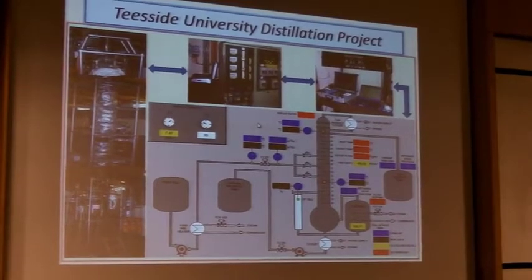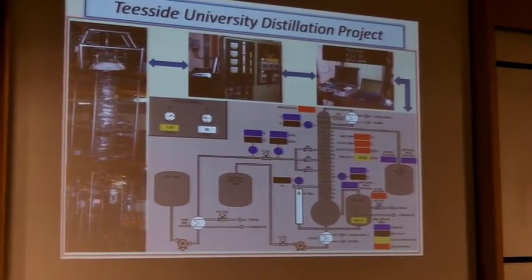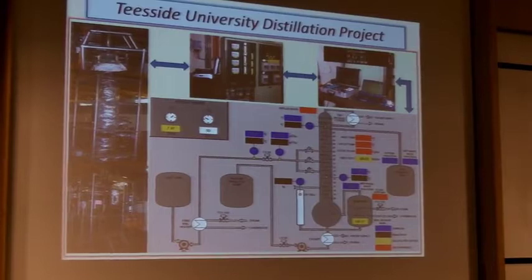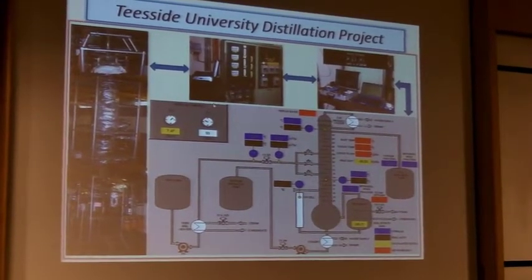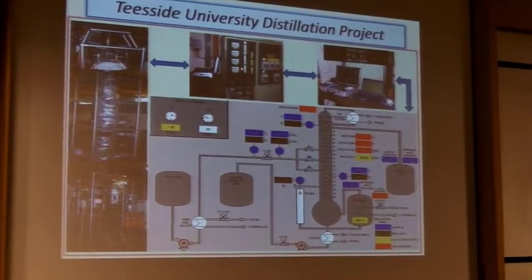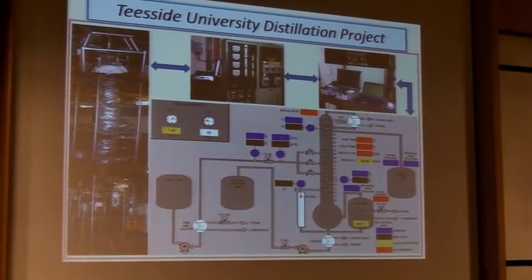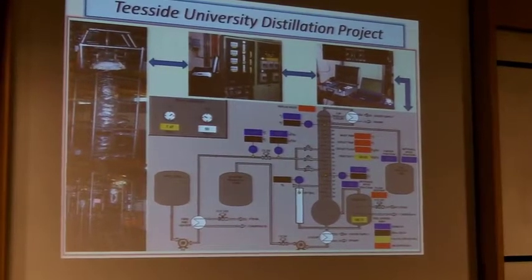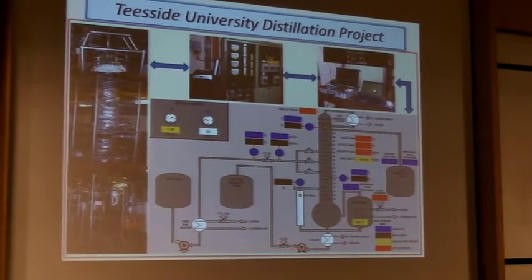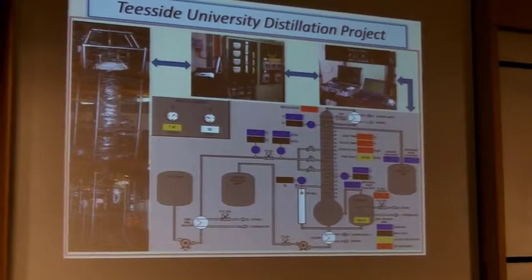Just to give you some examples, we did a project some years ago at Teesside University where we connected their distillation column to their control system using various interface modules which we built up here and connected to a PC via the Excel interface.